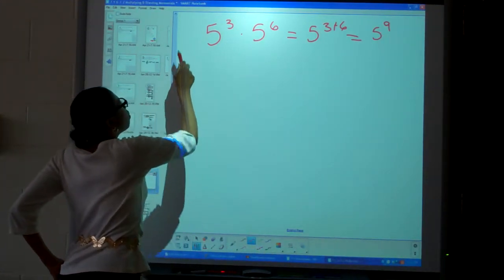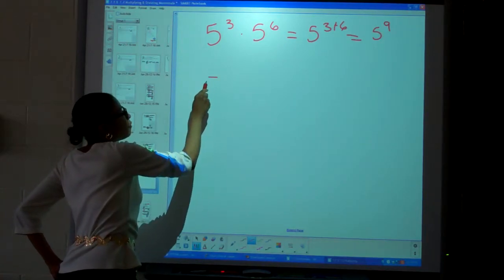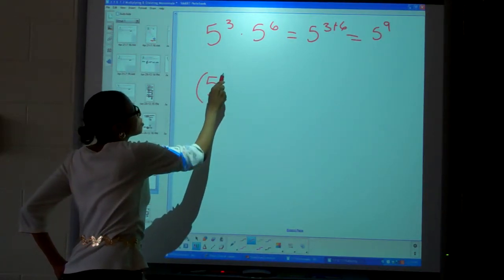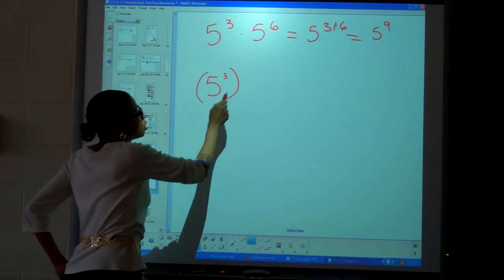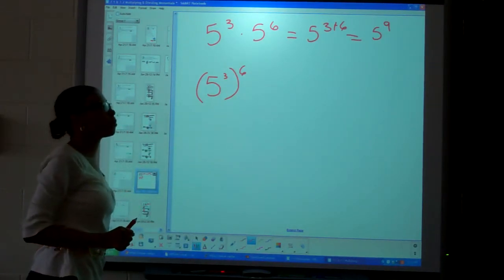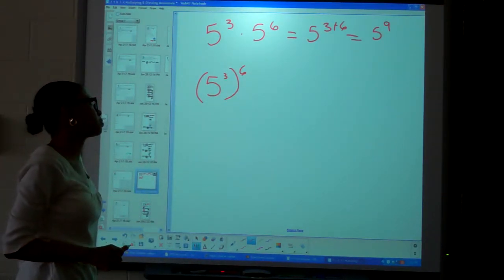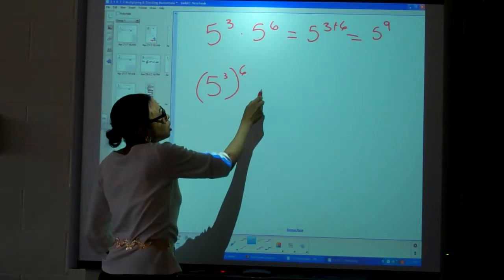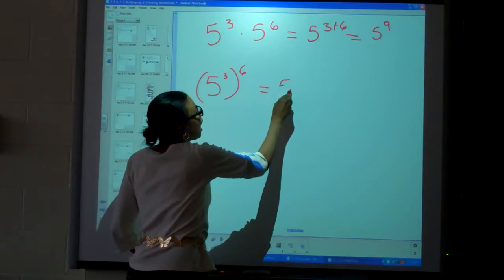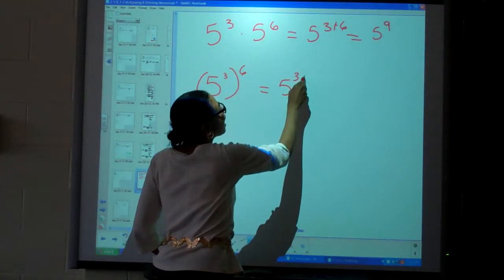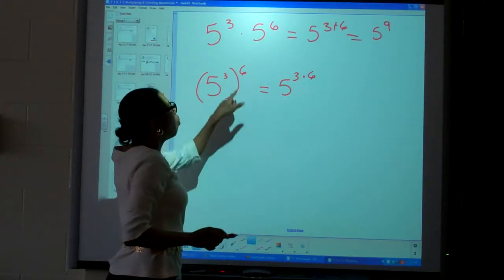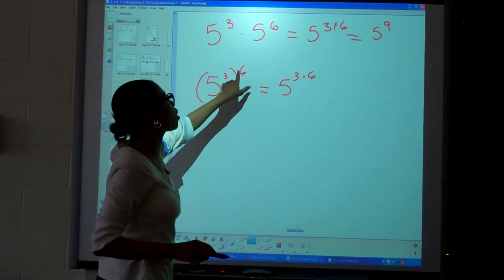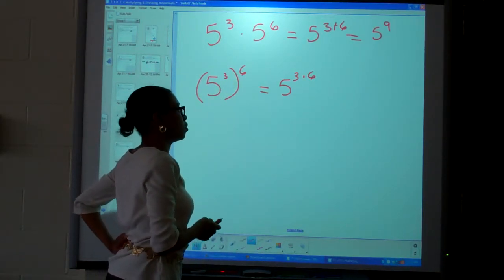Well, what if we have 5 raised to the 3rd power, with outside the parentheses a 6th power? So 5 cubed raised to the 6th power. This one is a little different. This is 5 cubed times 6. When we have the parentheses, we're multiplying the exponents now.